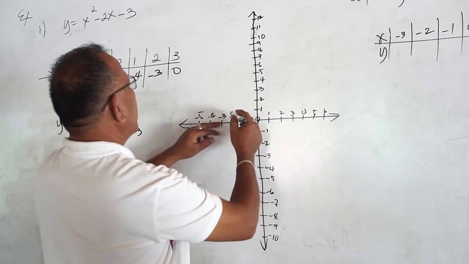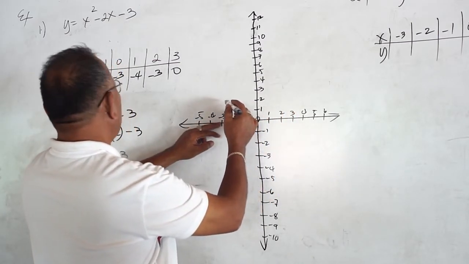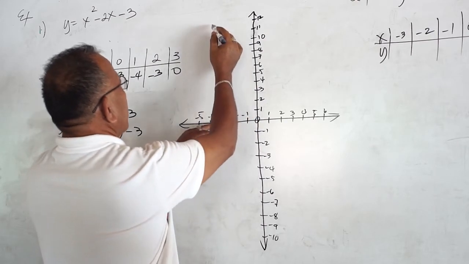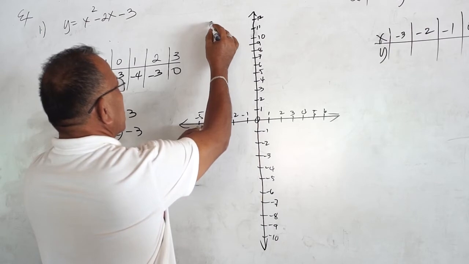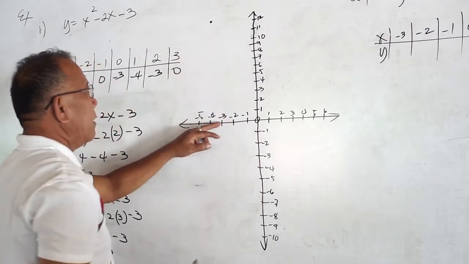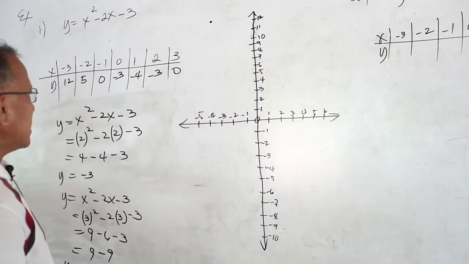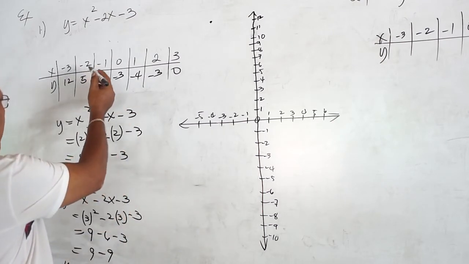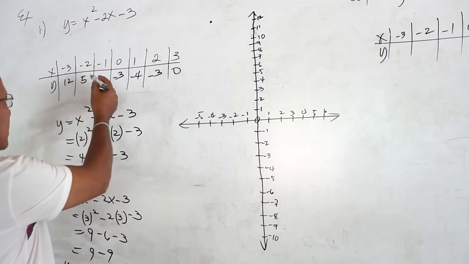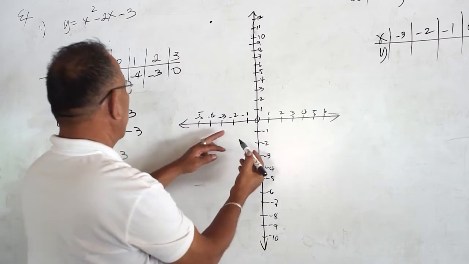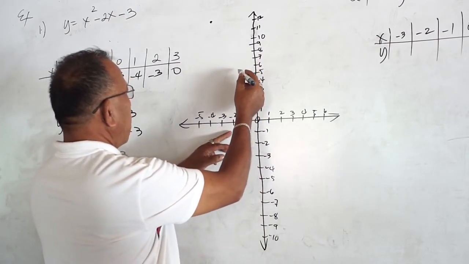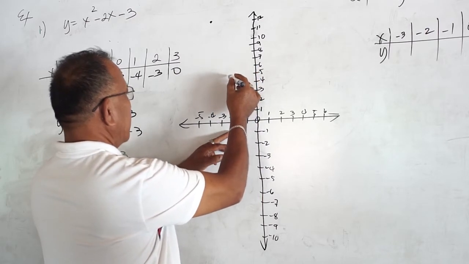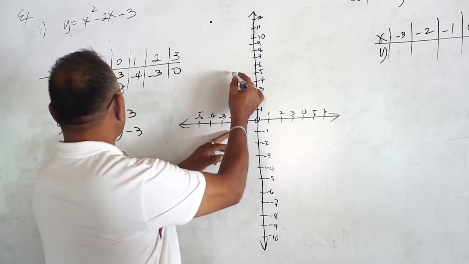So we have the point. Up next is another ordered pair: negative 2 and positive 5. The value of x is negative 2 and the value of y is positive 5.